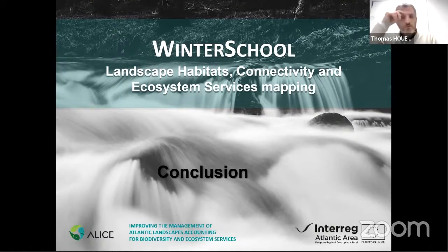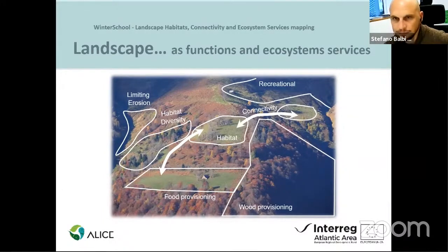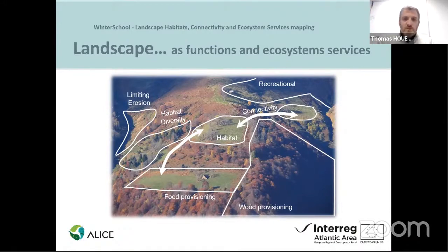And just maybe to finish with a few slides in order to conclude this winter school. I start with this first very simple illustration about what the landscape is. Of course, it is something very complex, with a lot of interaction between humans and natural processes.